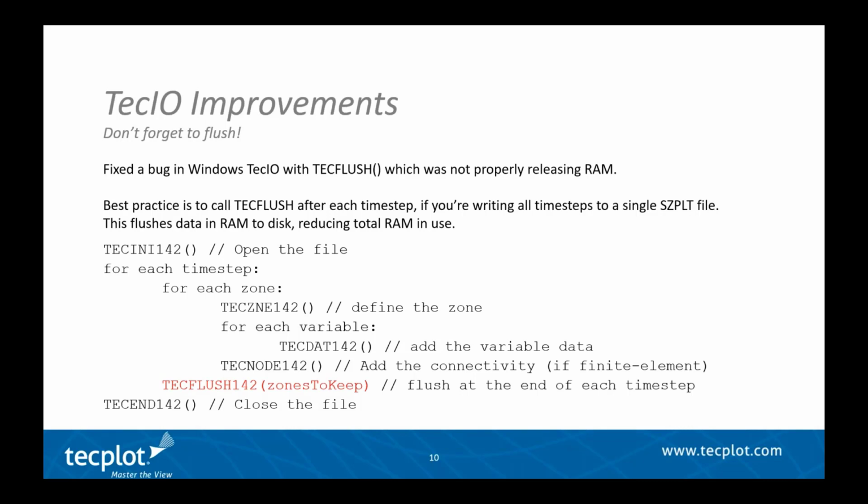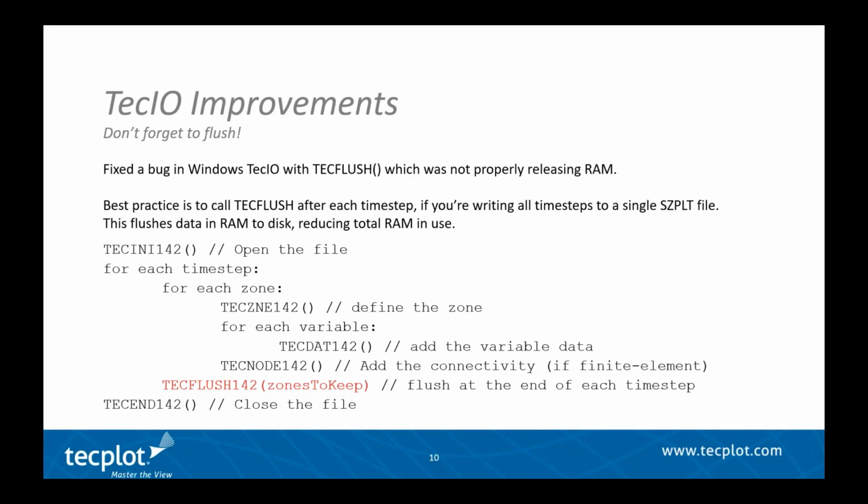And early on in the development, we said, well, gosh, we're holding too much data in RAM. So we added this new function called TecFlush, which will do that subzone partitioning, write the data to disk, and then when you finally call TecEnd, which you can see the last line here, that's going to reassemble all these intermediate files into a single file. Well, we found a bug in the Windows version of Tech.io where the RAM wasn't getting properly released.